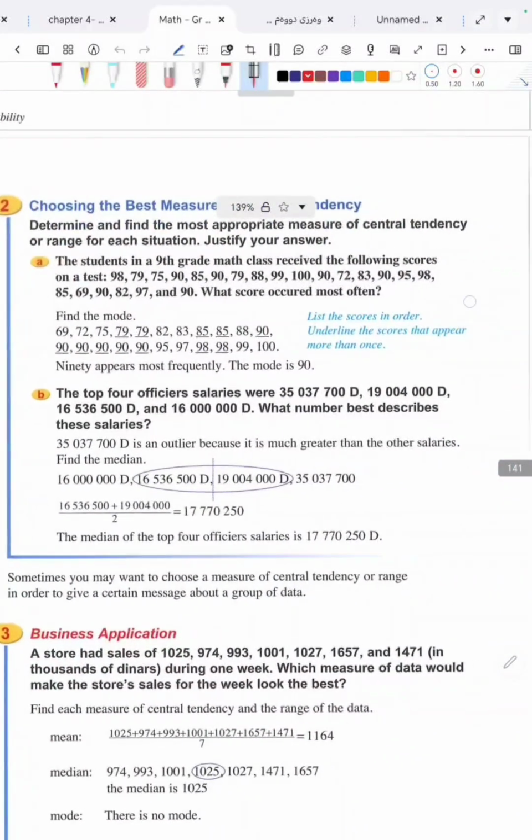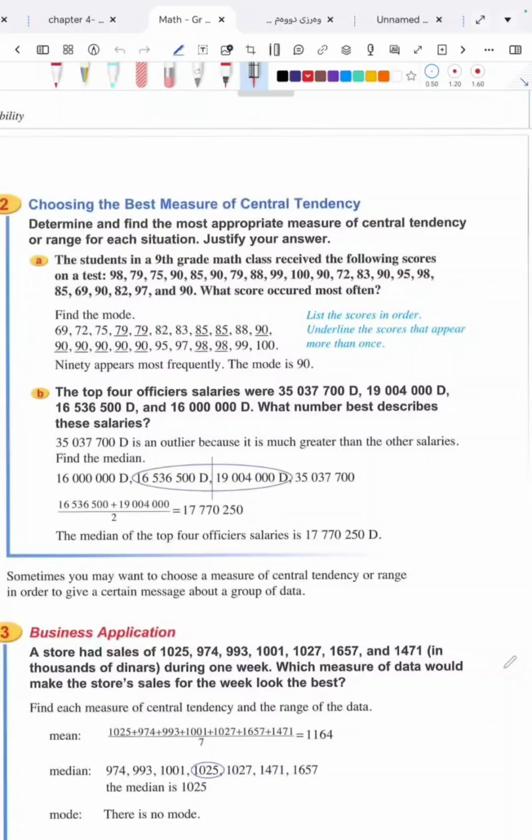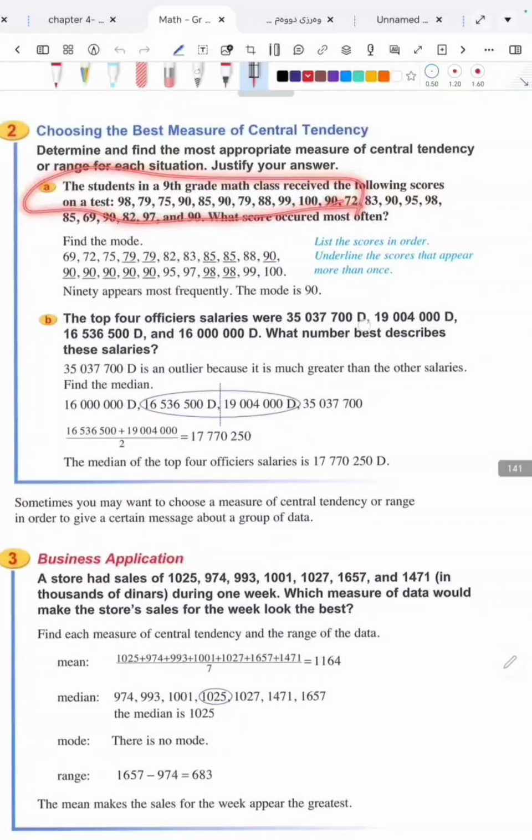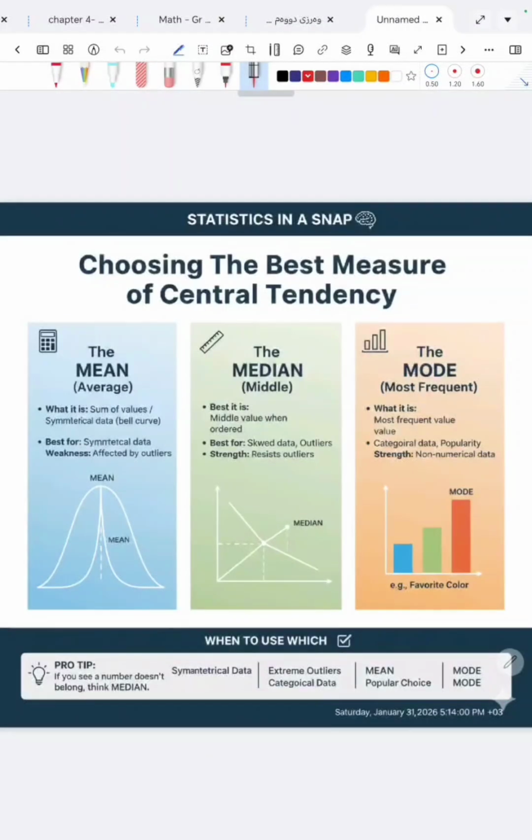Now we have choosing the best measure of central tendency. This is very important. Here we have a note about this. If the data set consists of an outlier, the median is the best. Again, I'm going to repeat it: if the data set consists of an outlier, the median is the best.